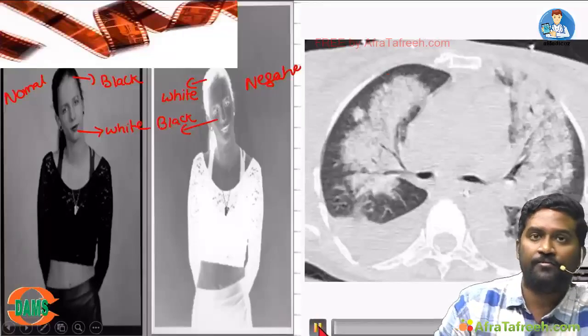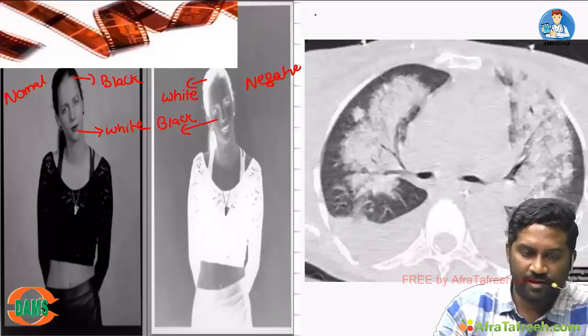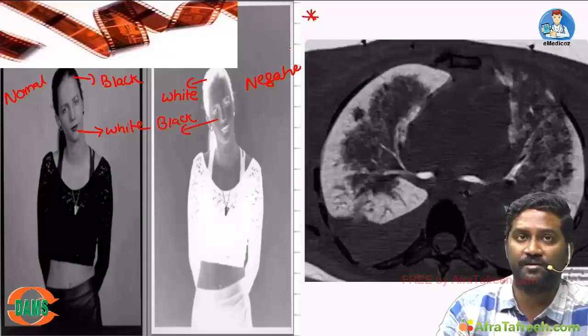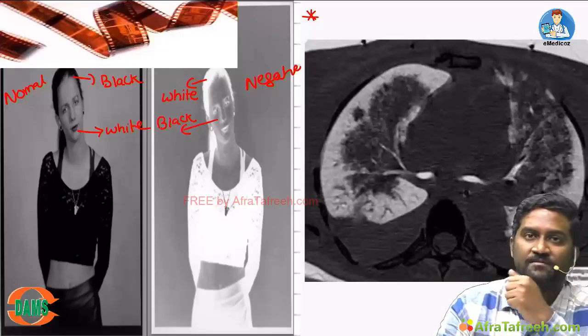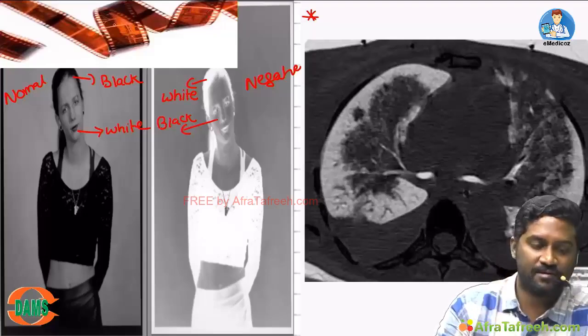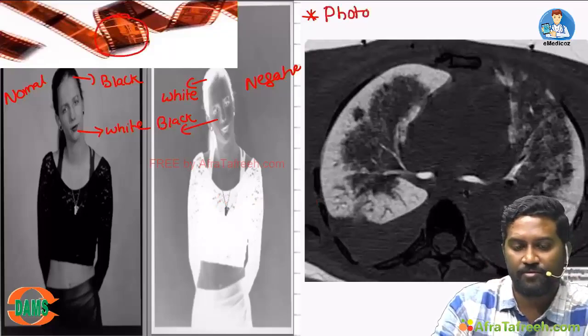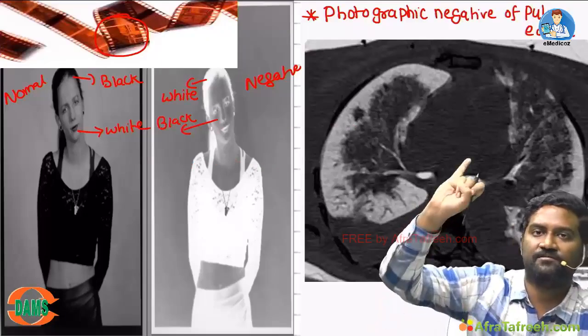So from that day onwards, they started calling chronic eosinophilic pneumonia a negative filter of cardiogenic pulmonary edema. At that time there was no Instagram and no negative filters, there were only photographic negatives. So they named it the photographic negative of pulmonary edema.